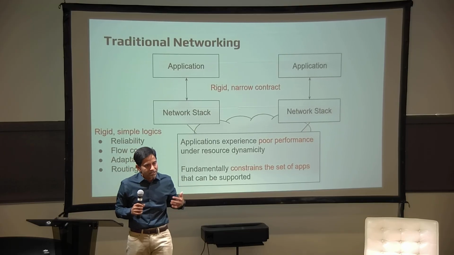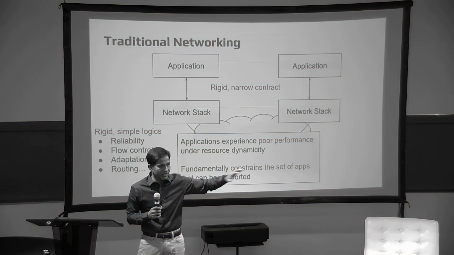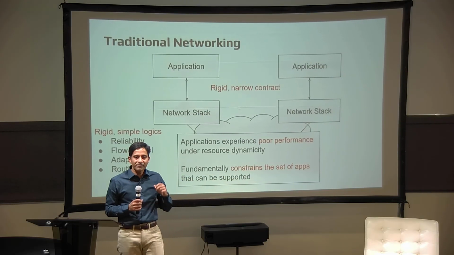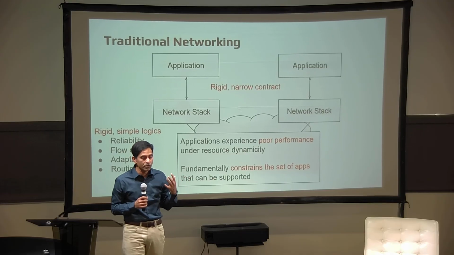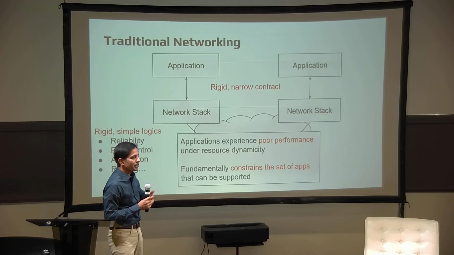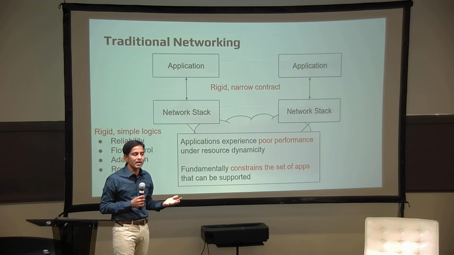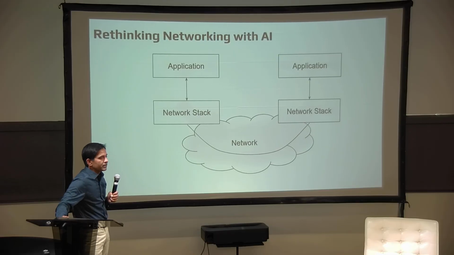If I really want to send all of the bits to you, there is a certain bound of how much capacity you need to do that. But if I think about the semantics of the communication, the bound completely changes. And by thinking about the bound with a new lens, you may be able to open the door to interesting classes of applications that are not possible today. So this is kind of where I think AI comes into play.